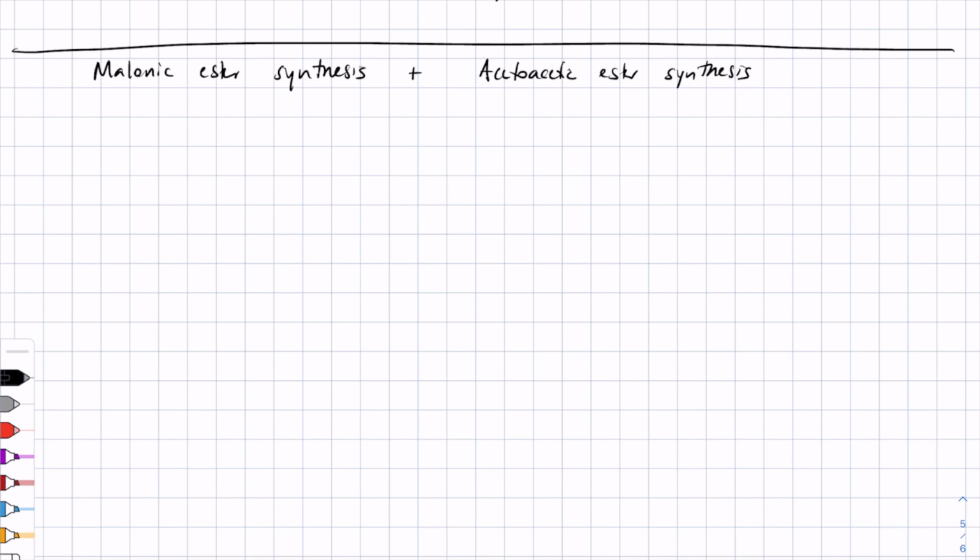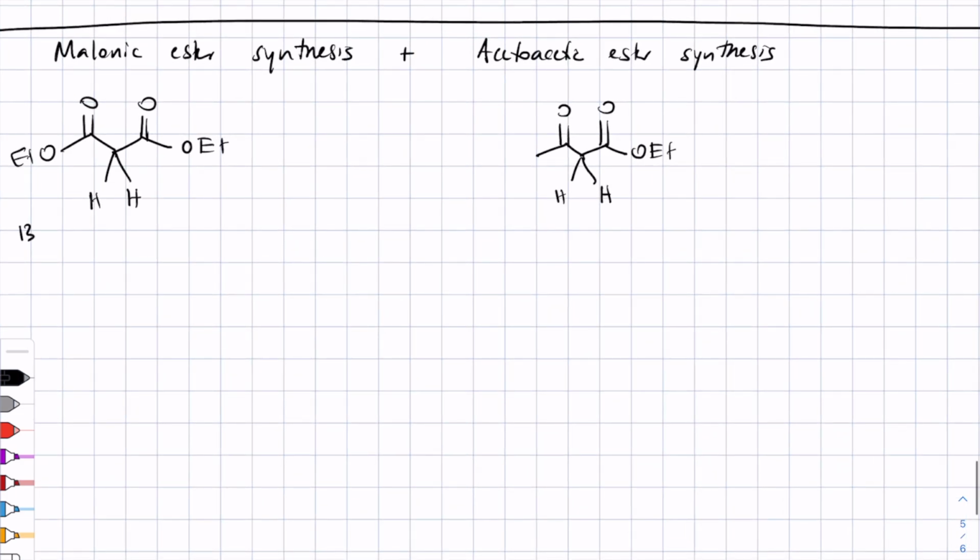Malonic ester is a beta diester that looks like this. I've already drawn it for you when we were talking about pKa's of alpha protons. Remember that pKa was like 13. Acetoacetic ester is this one. You will not be synthesizing these two molecules, at least not yet. In a future chapter, you will learn how to do it. Rather, you will be doing synthesis with these two molecules.